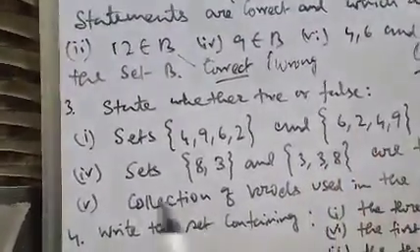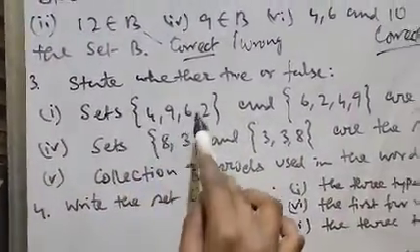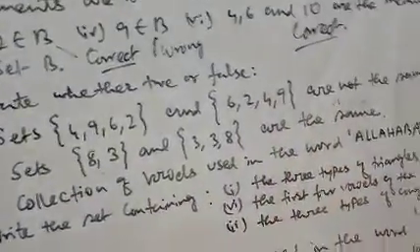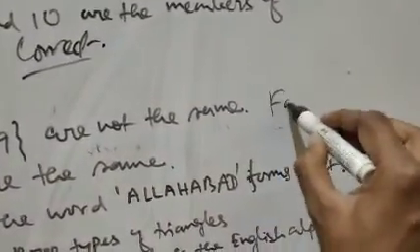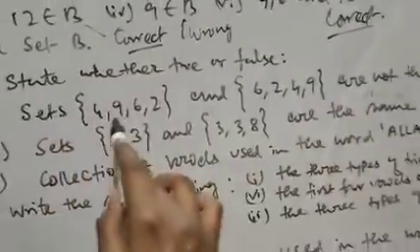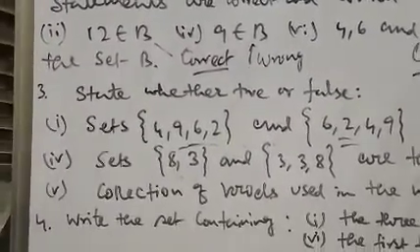Next, question number 3. State whether true or false. Question number 1. Sets 4, 9, 6, 2 and 6, 2, 4, 9 are not the same. No, this is false, because the two sets will be exactly the same. Recall property 1. What was property 1?